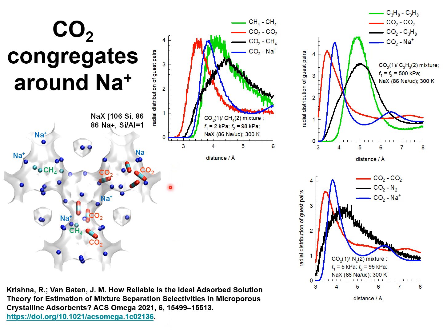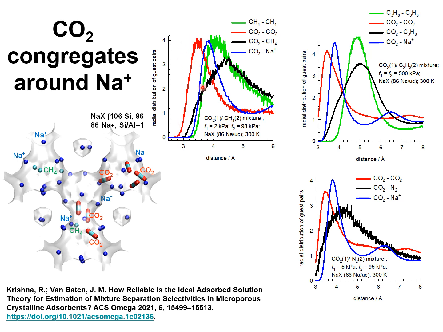In order to demonstrate the inhomogeneous distribution of guest adsorbates within the pore landscape of NaX zeolite, let us examine the radial distribution functions for mixtures of CO2 and methane at a total pressure of 100 kilopascal and a temperature of 300 Kelvin. The radial distribution functions have been determined using configurational bias Monte Carlo simulations.